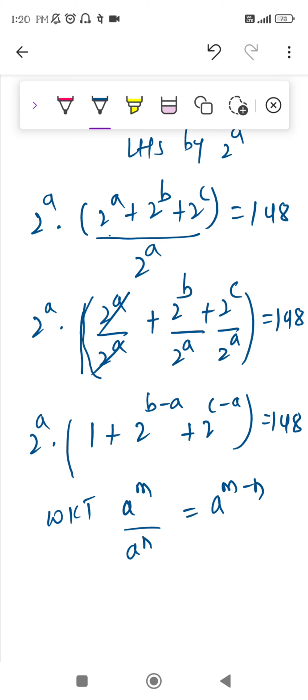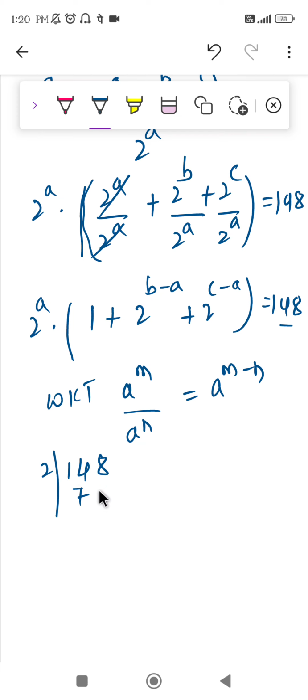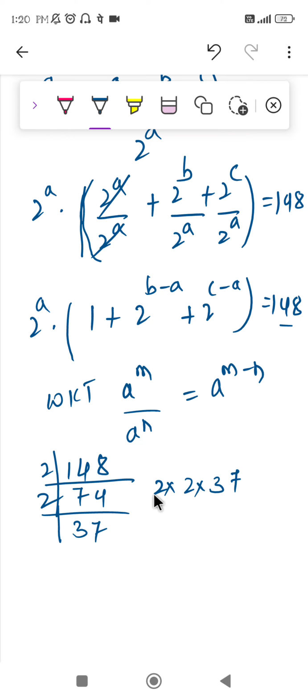So now this 148, we can factorize it. When we factorize 148, 2 2s are 4, 2 7s are 14, so we take 2 again, and then 2 37s are 74, so we can write 2 into 2 into 37, and 2 into 2 is 4, so 4 into 37.